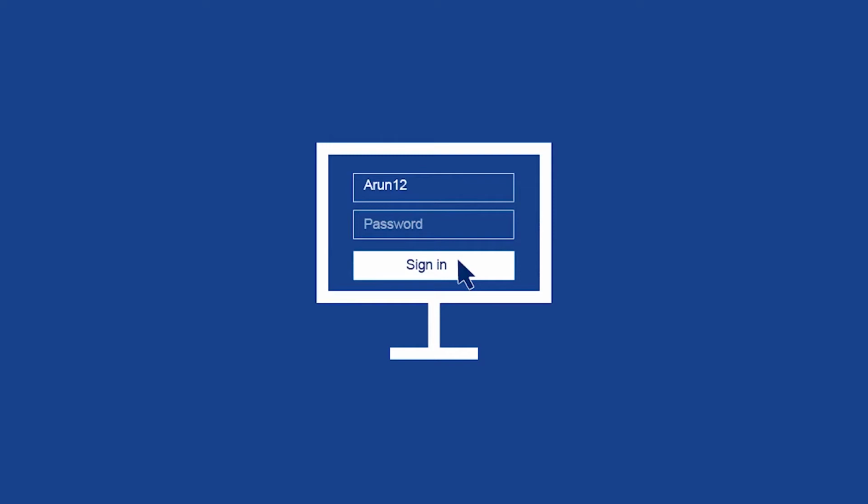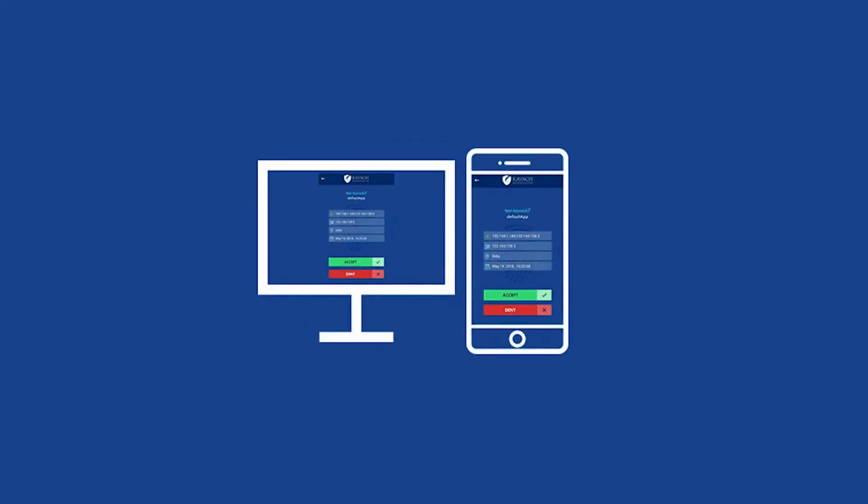Before that, let's try to understand the difference between authentication and identification. They are basically different. While identification identifies a person, authentication provides secret information to authenticate their identity.